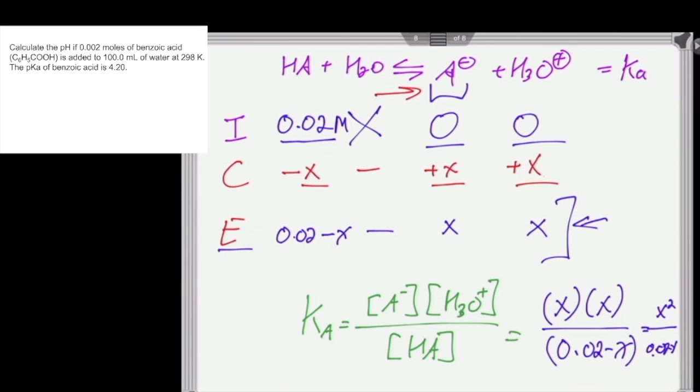Like there's a problem here. Let me rewrite that. This is actually x squared over 0.02 minus x, right? It's a complex polynomial. That's not super cool. Having to do the quadratic equation is not necessary because we have a simplification to this step.